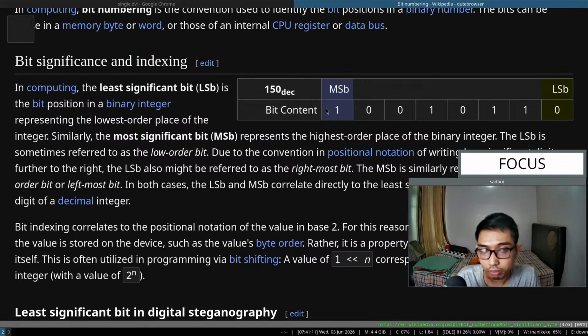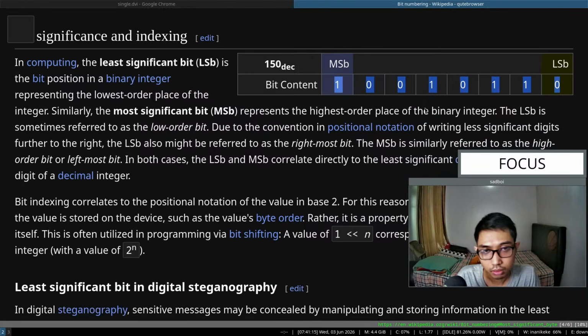So maybe the big endian or little endian, I guess, is the whole binary representation here rather than in bit.